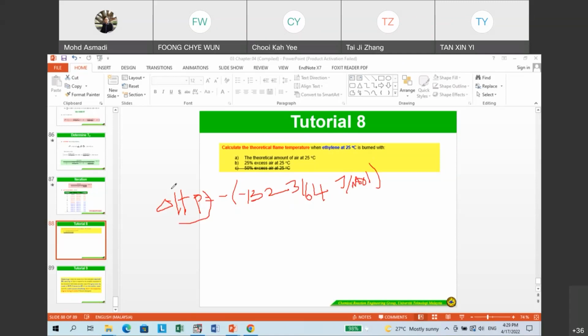So what you have to do is determine delta HP by using iteration, with tau equal to 2. What is the temperature? Find the temperature.